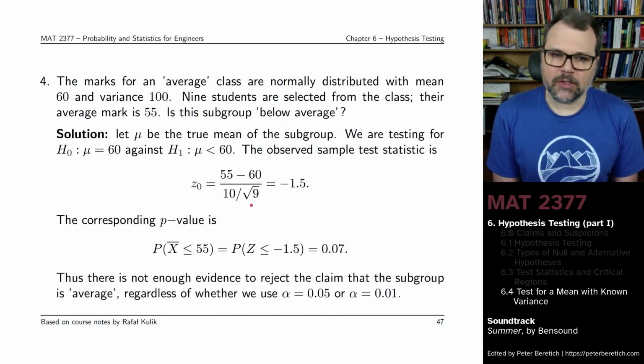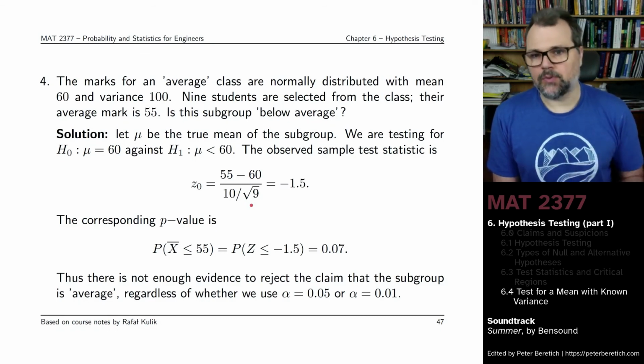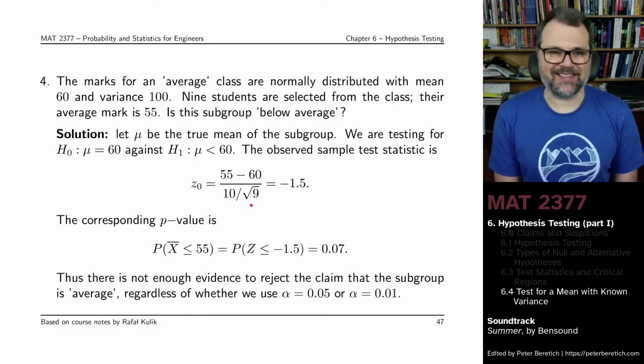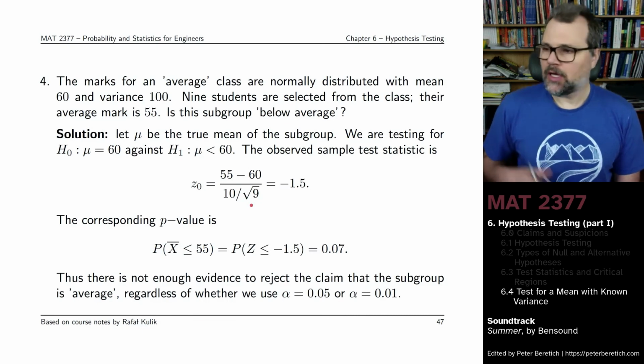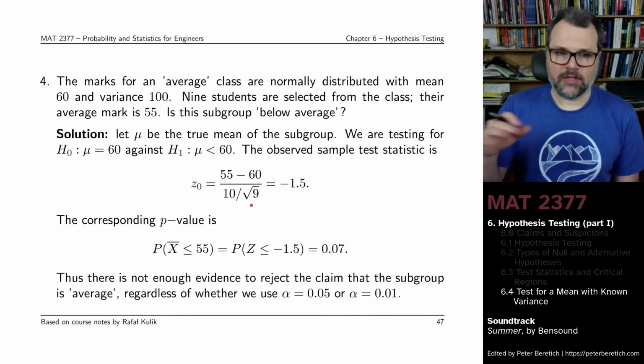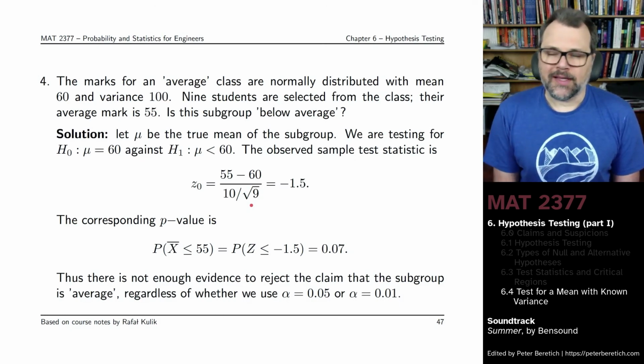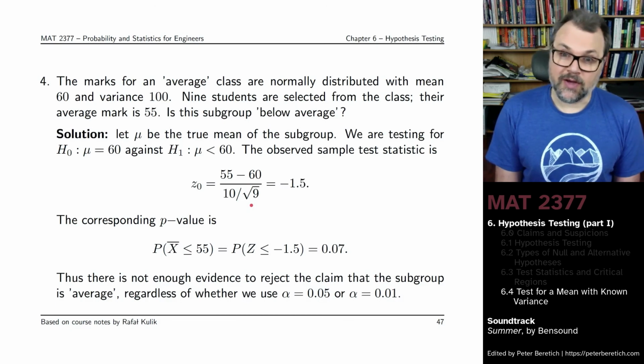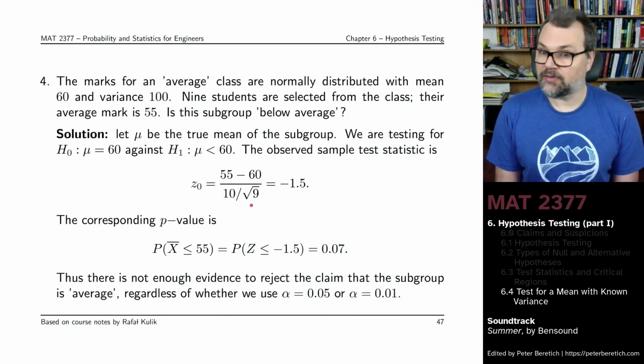Now let's assume that the grades for an average class would be normally distributed with mean 60 and variance 100. In a given class, I pick 9 students. Their average mark is 55. Is the class from which the 9 students come actually below average, average, above average?